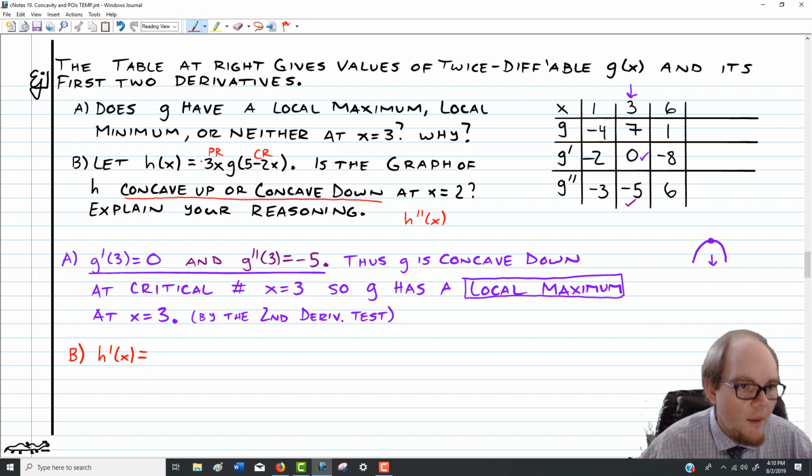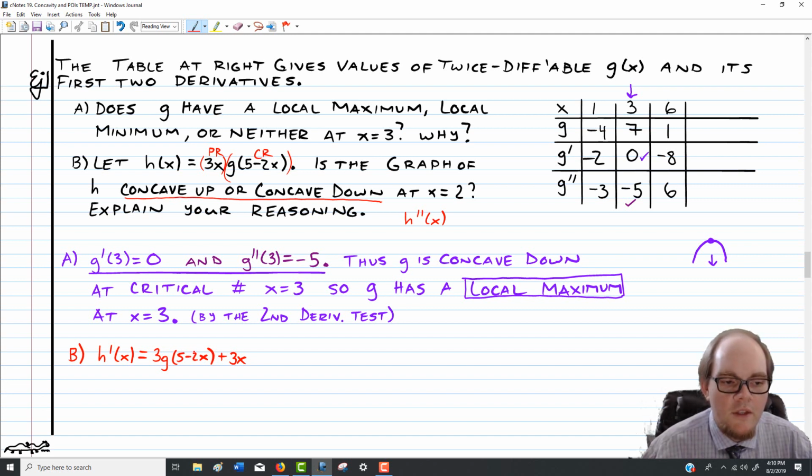In looking through here, I'm going to treat my two functions as 3x and g of 5 minus 2x. So the first one will be the derivative of 3x, or 3, g of 5 minus 2x, plus 3x times the derivative of g of 5 minus 2x.